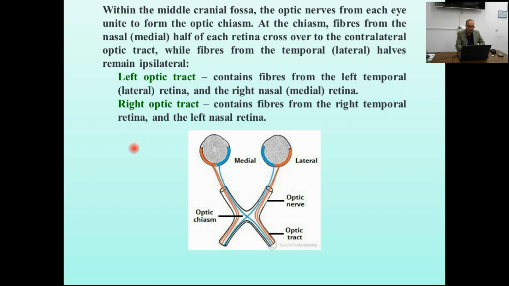The left optic tract and the right optic tract contain fibers from the left temporal retina and the right nasal medial retina. This is the left optic tract and this is the right optic tract. The right optic tract contains fibers from the right temporal retina and the left nasal retina.